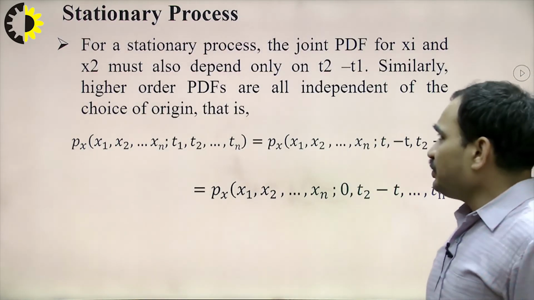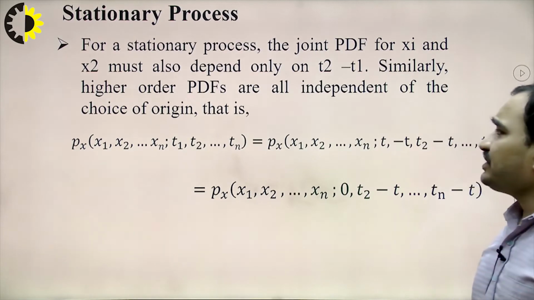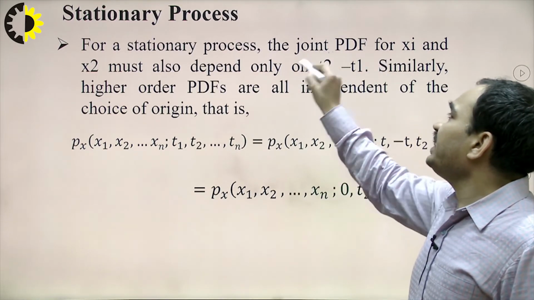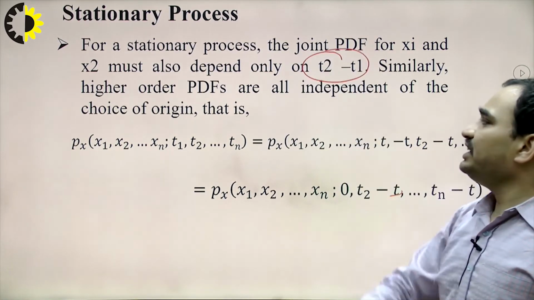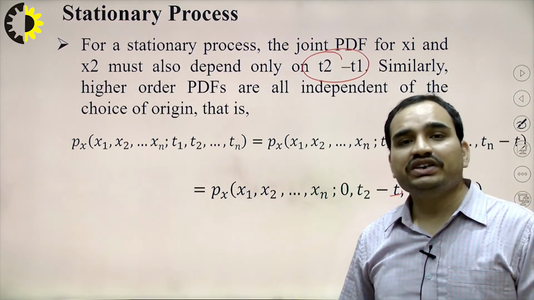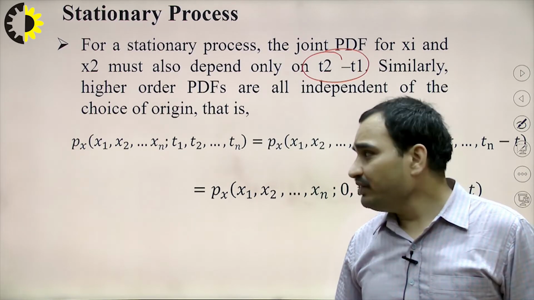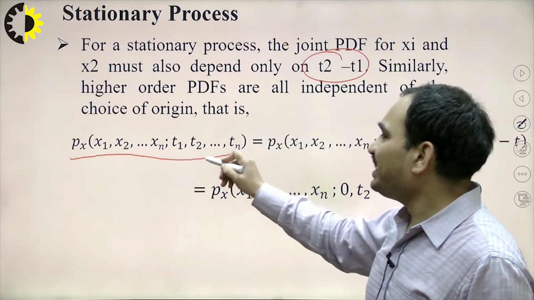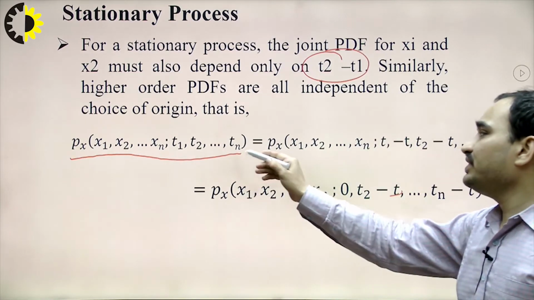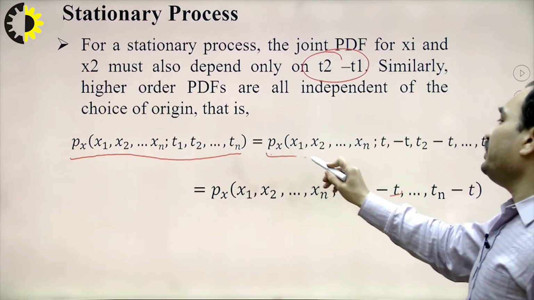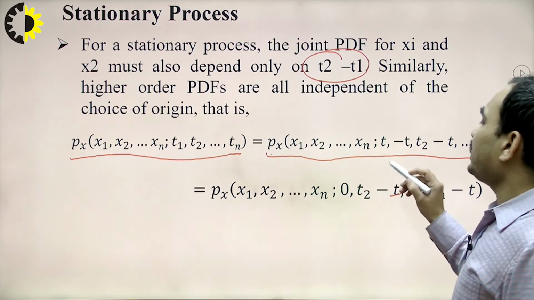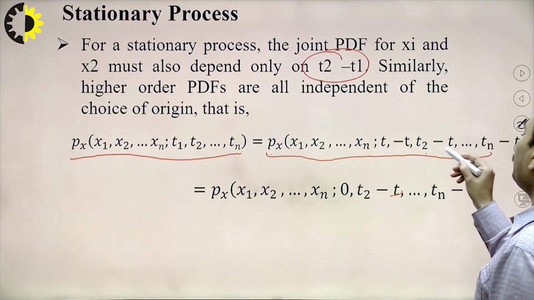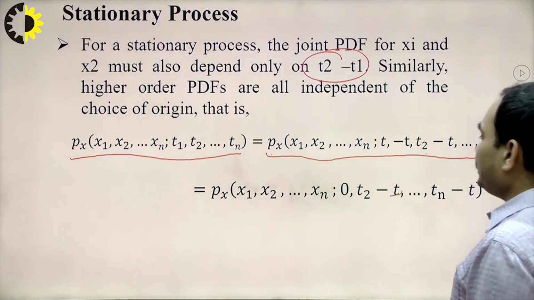Now for a stationary process, the joint PDF for x1 x2 must depend on the difference in time, that is t2 minus t1. Similarly the higher order PDF, so it is applicable for the higher order PDF also, that is the probability density function for all the variables x1 x2 up to xn, for the different time instants t1 t2 up to tn, that is the PDF of x1 x2 up to xn at t1 minus t, t2 minus t, tn minus t.